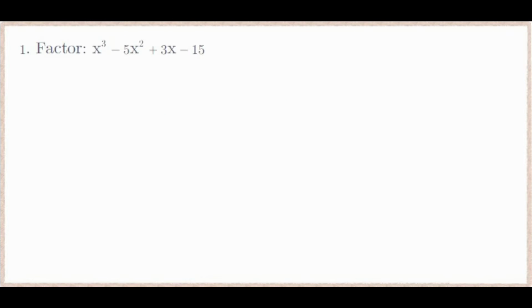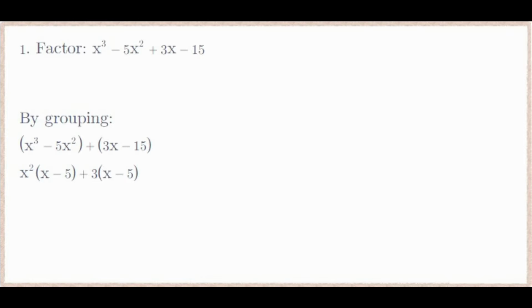We can try factoring this first problem using grouping. So we're going to group together the x to the third minus x squared together, and then we're going to group the 3x minus 15 together. So from the first group, we can pull out x squared. So we end up with x squared times x minus 5.